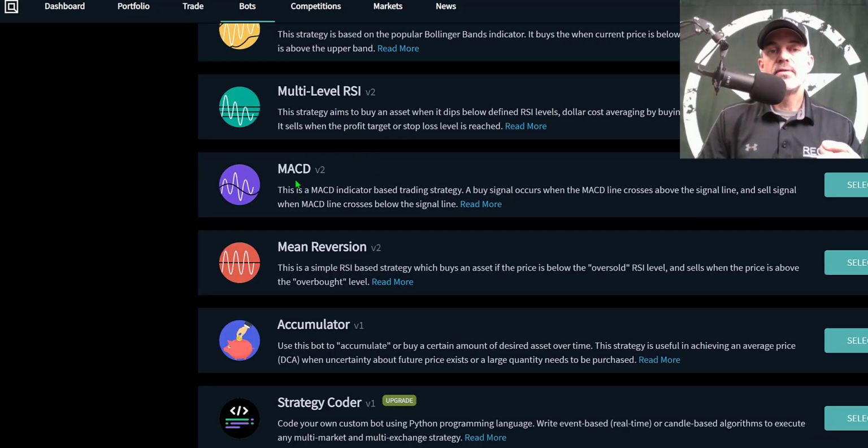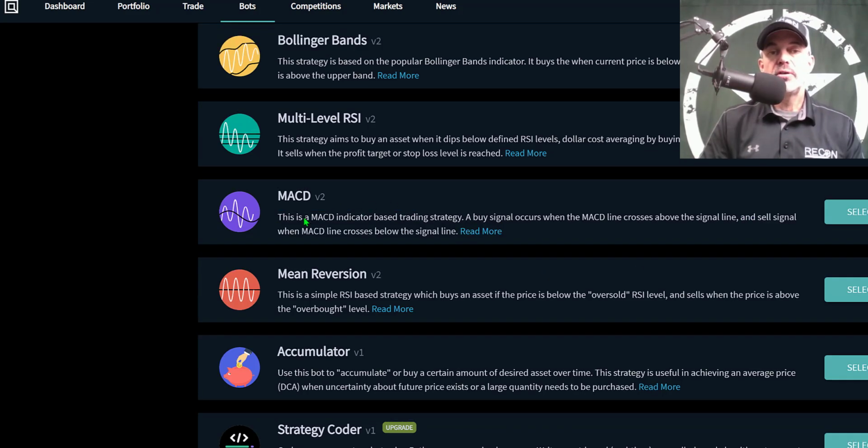And the strategy behind their MACD bot is fairly simple: a buy signal occurs when the MACD line crosses above the signal line, and a sell signal occurs when the MACD line crosses below the signal line. Now, if you're not familiar with the MACD indicator and what it actually looks like on a chart, we'll jump over to a chart real quick.